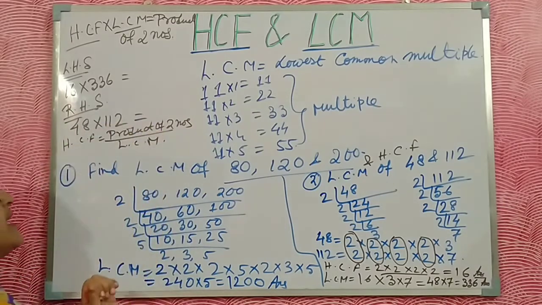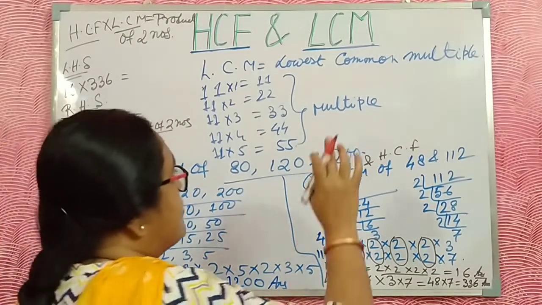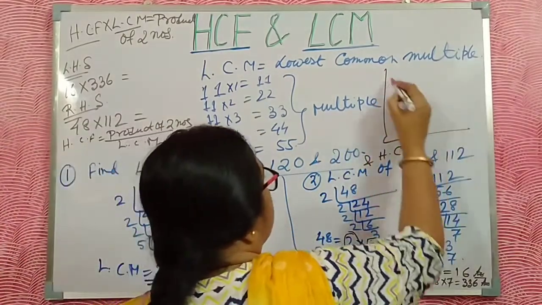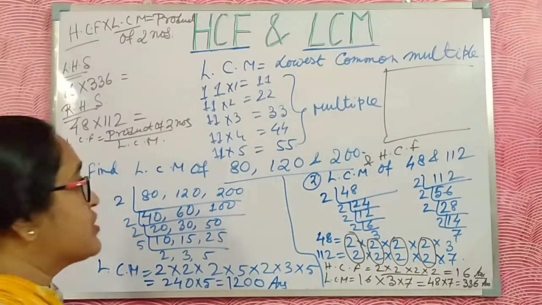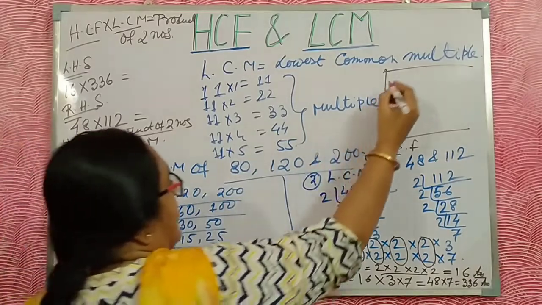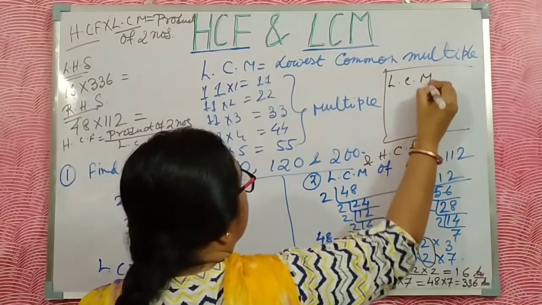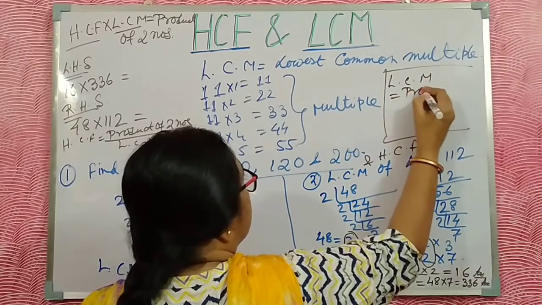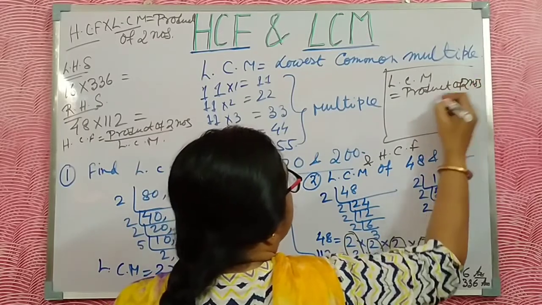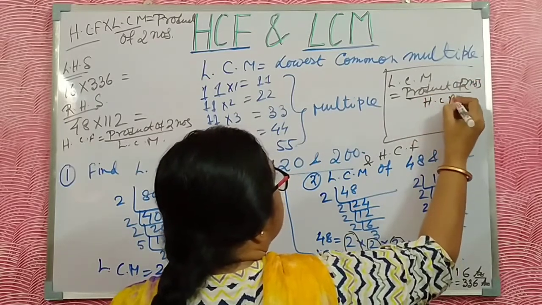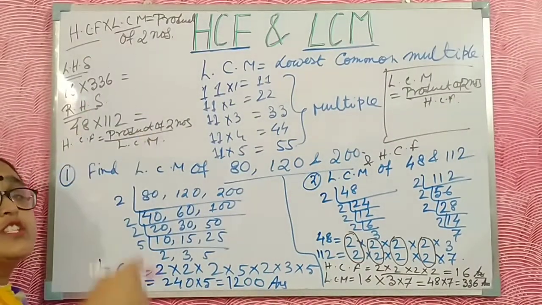I write here with another ink to identify it. Then you can also write LCM is equal to the product of two numbers by HCF. You can find LCM and HCF using this formula.